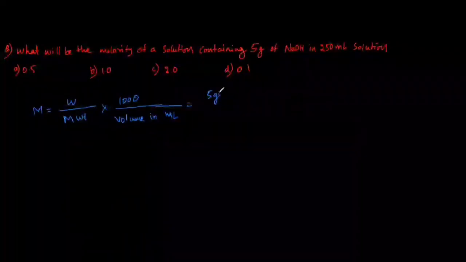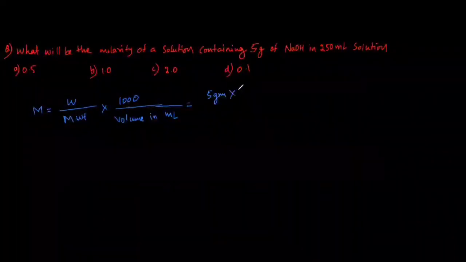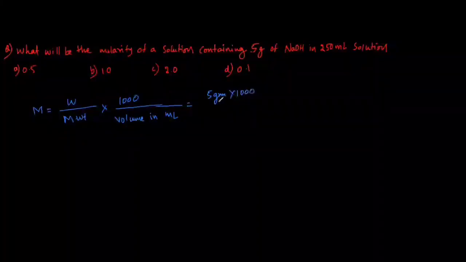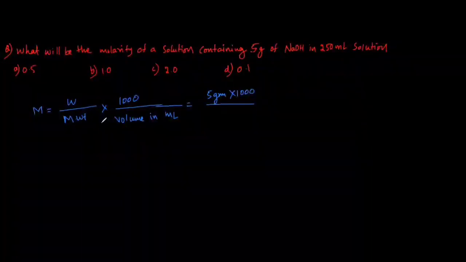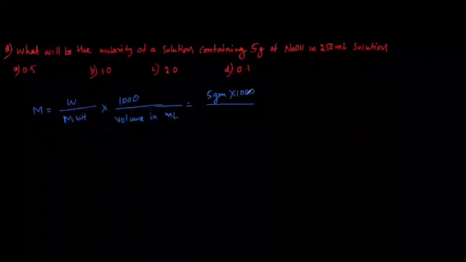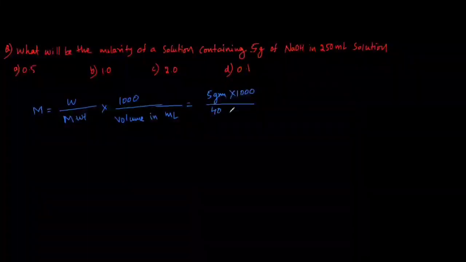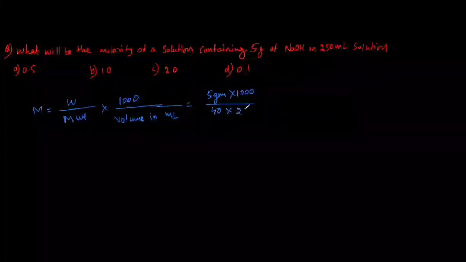Weight is 5 grams into 1000 by molecular weight of sodium hydroxide, which is 40, into volume 250 ml of solution.